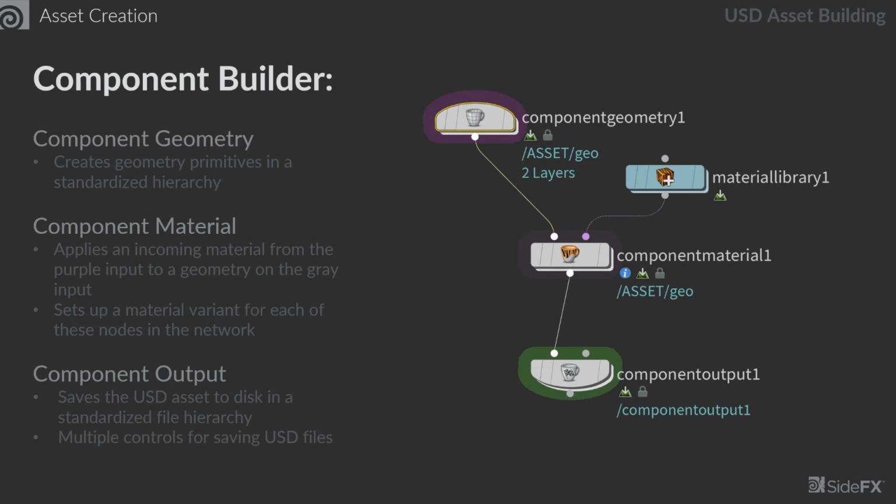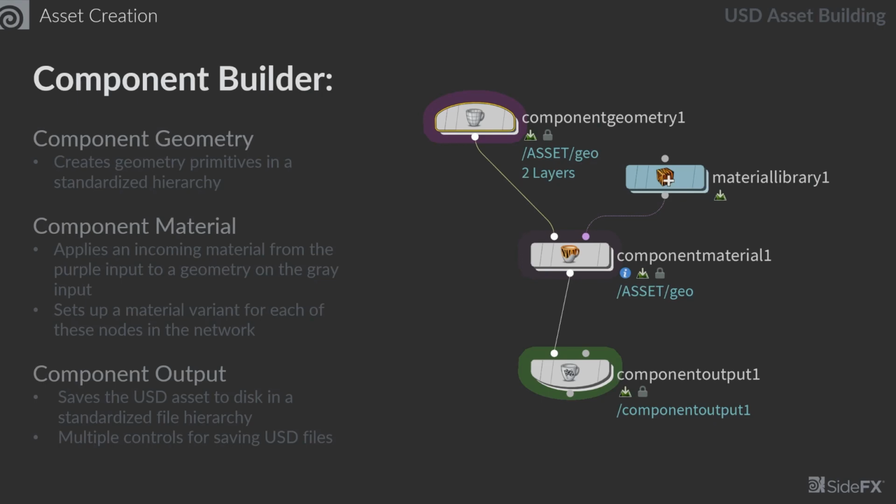Then the component material is how we can apply materials and create variants. What it does is it takes in a geometry on this first input here, and it takes in a shader reference here on the purple input, and that can be either a material library like it is here, or it can use something like a reference, a USD file from disk.